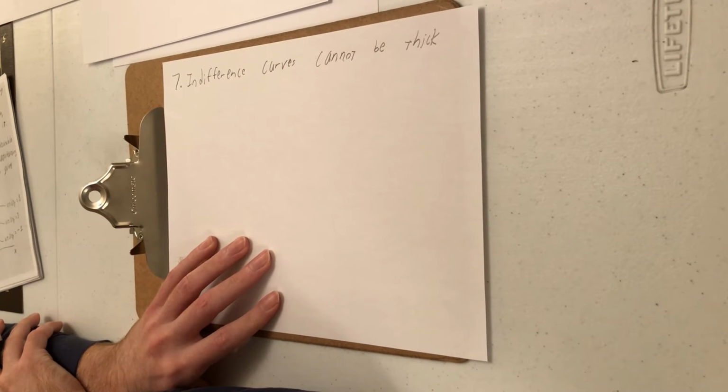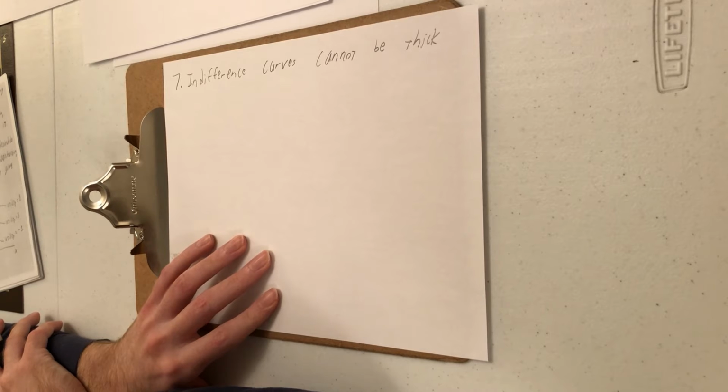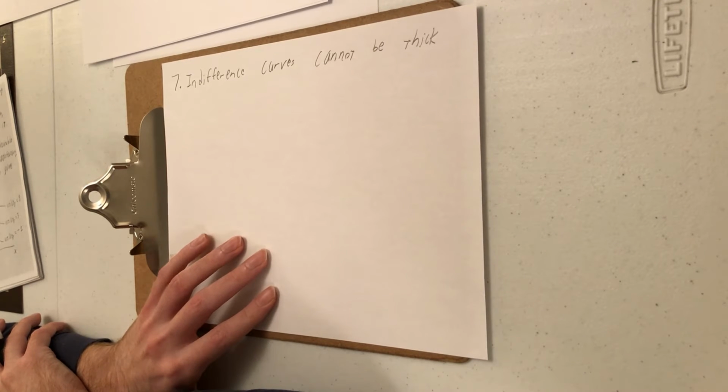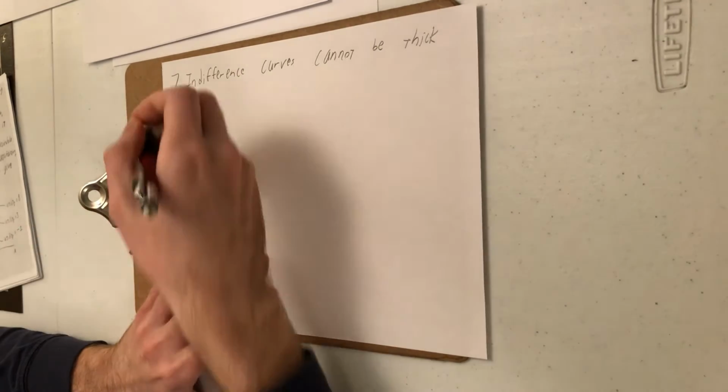So we'll approach this one in the same way we treated a couple of earlier properties. We'll say, well, what if indifference curves could be thick? What would that lead us to? If that leads us someplace that's impossible, then we deduce, oh, so they can't be thick.